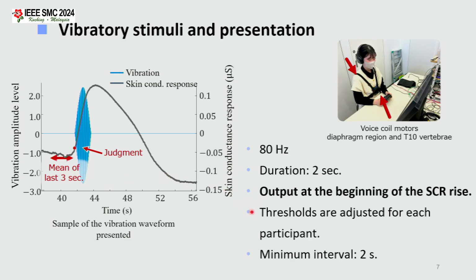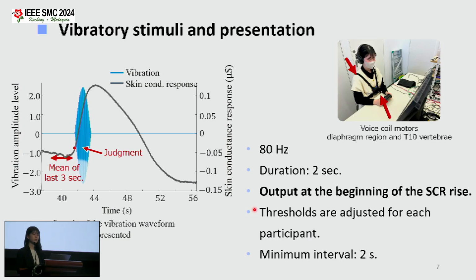Threshold values were adjusted for each participant to control the delay between the game screen and vibration output. Then once the output is finished, the vibration presentation is stopped for a minimum of 2 seconds. After this interval, the triggering judgment restarts, and this process is repeated until the end of the game.